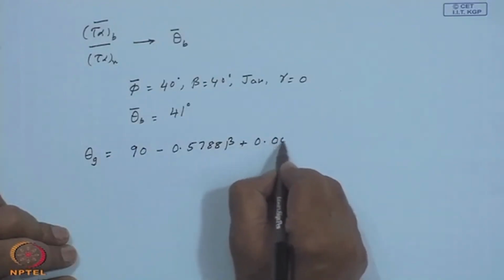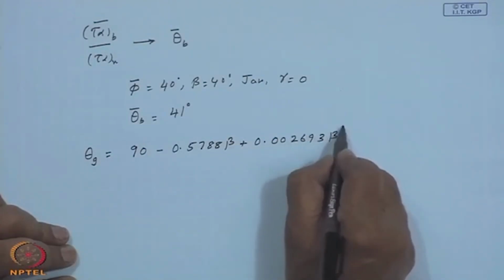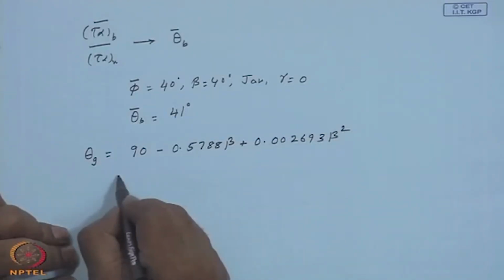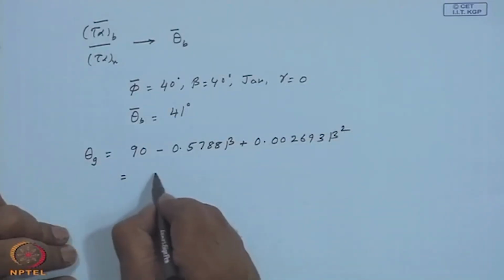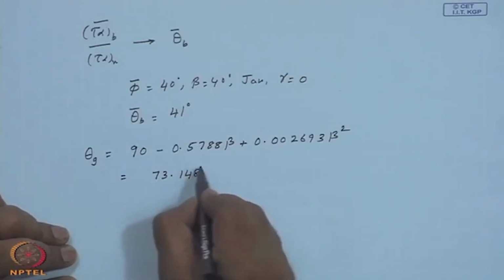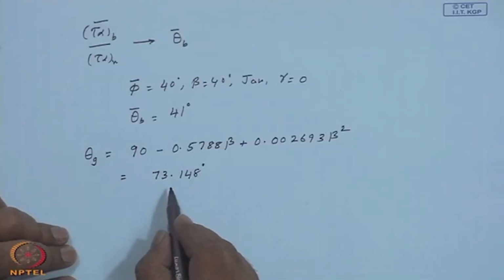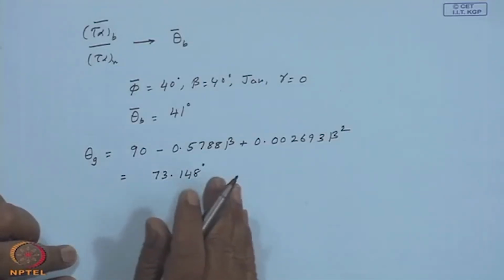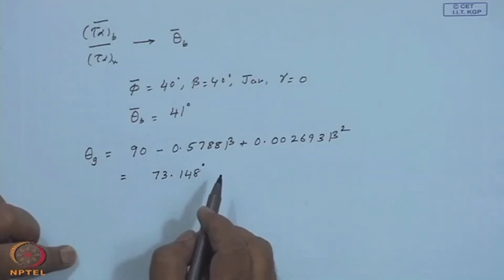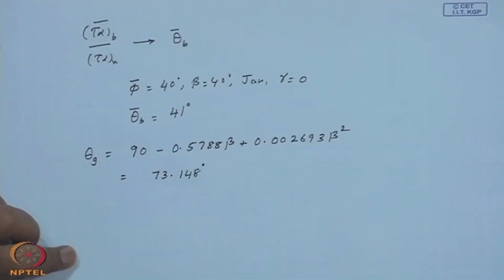So you should not be looking surprised where from these things have come. So this will turn out to be 73.148. Now you see we got a theta g greater than 60 degrees, calling for some relation for tau alpha to be valid other than the Ashrae relation, which is valid for less than 60 degrees.